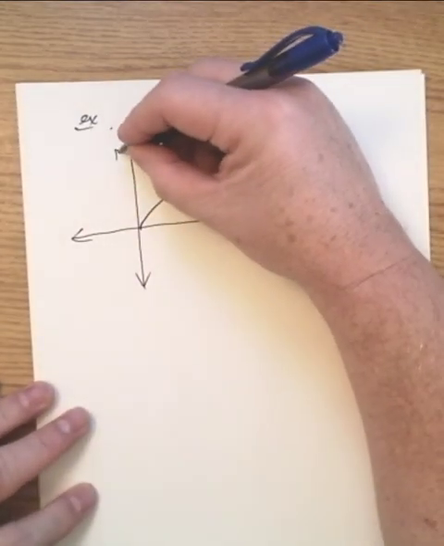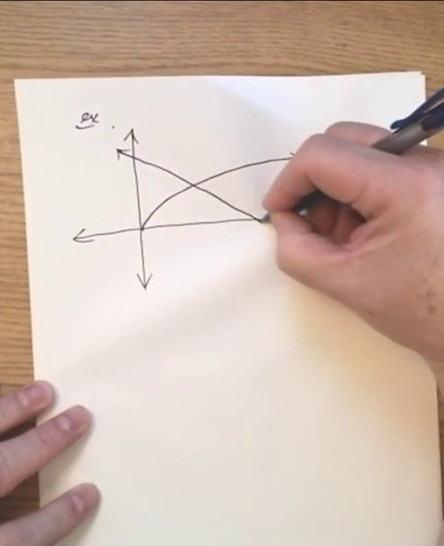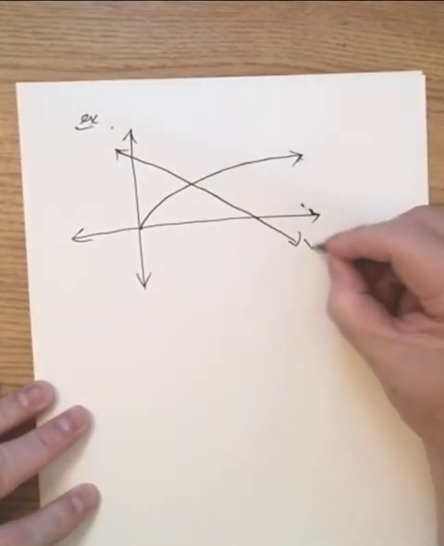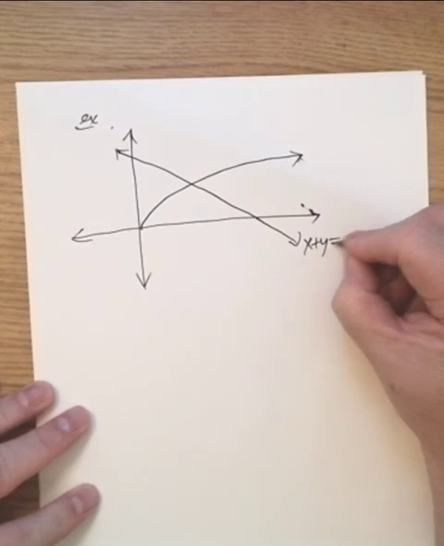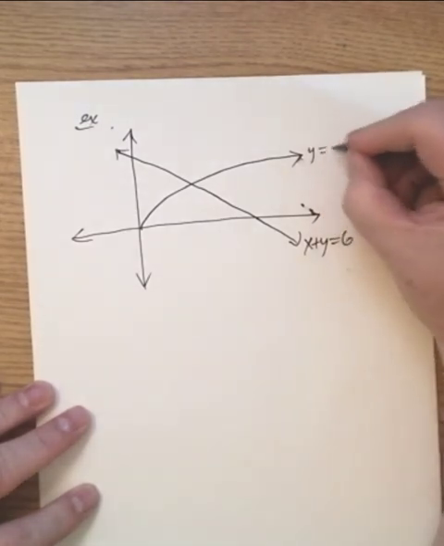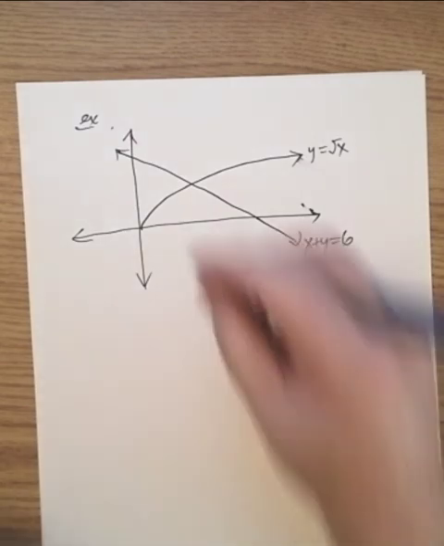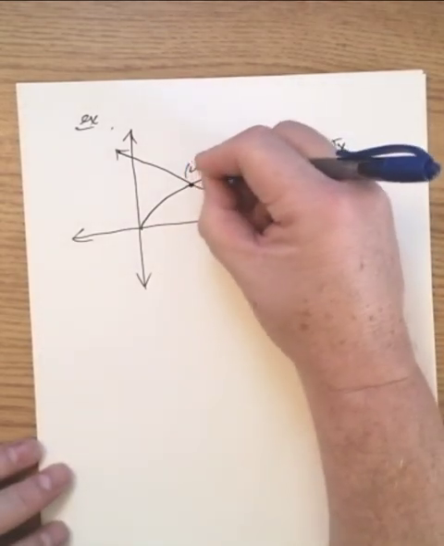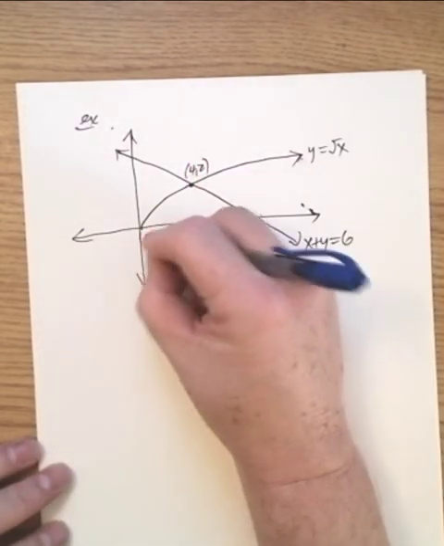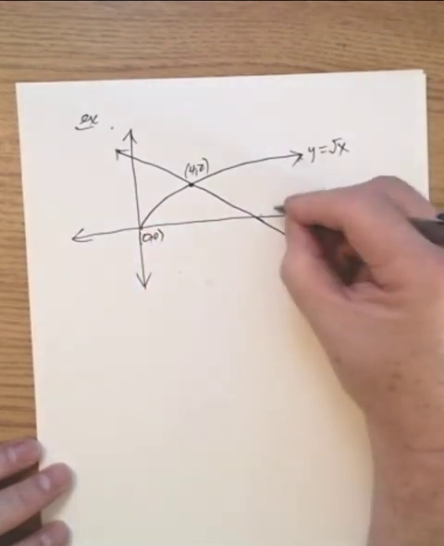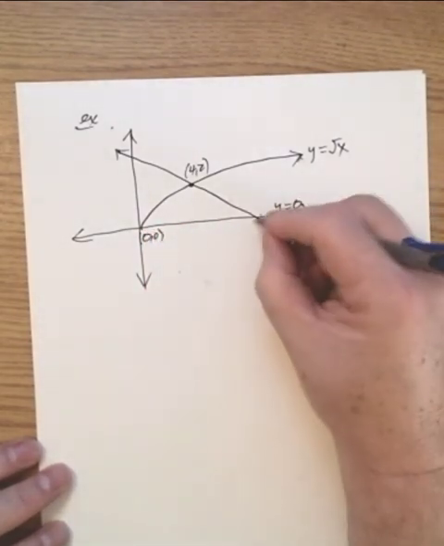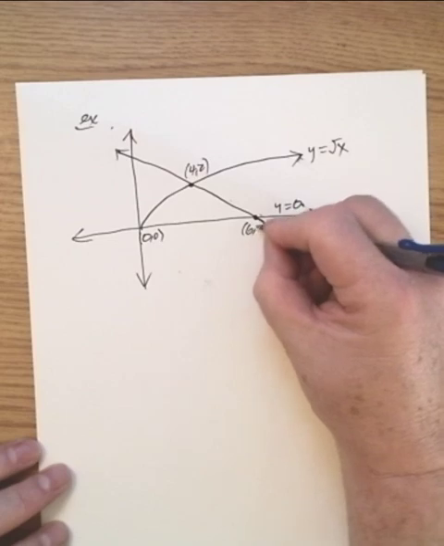And then this is x plus y is equal to 6. That is, y is the square root of x. So this was 4, 2. This was the origin, where y equals 0. And this was 6, 0.